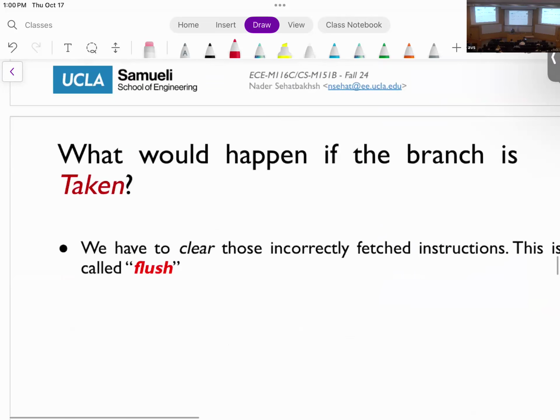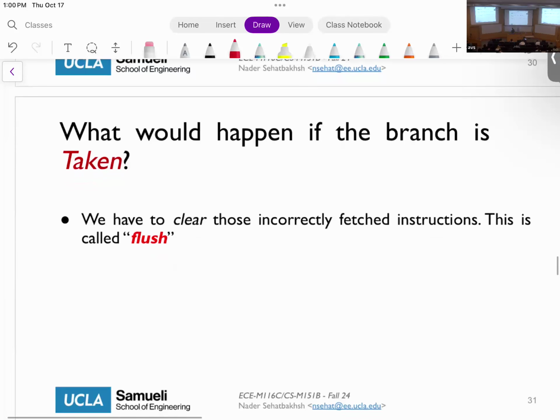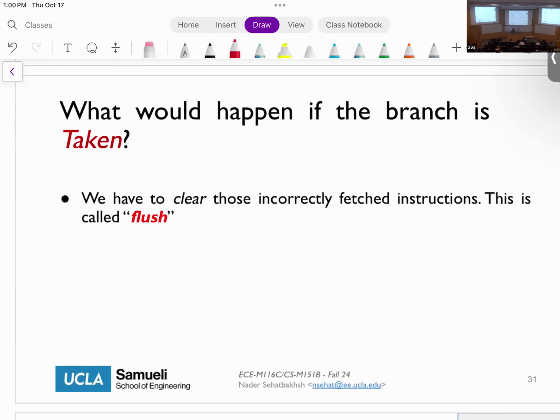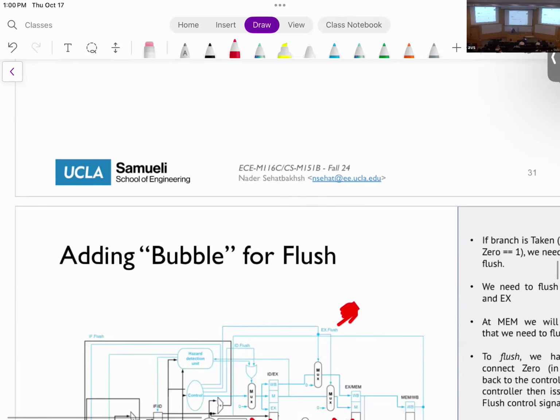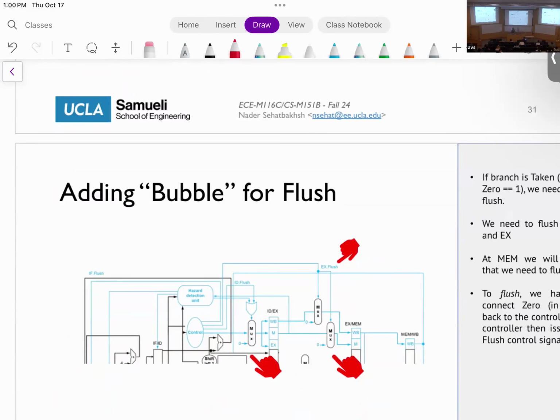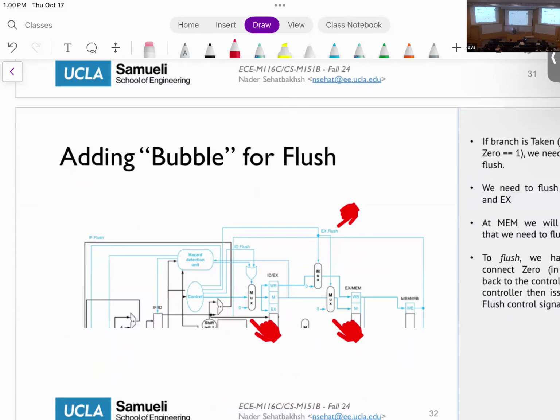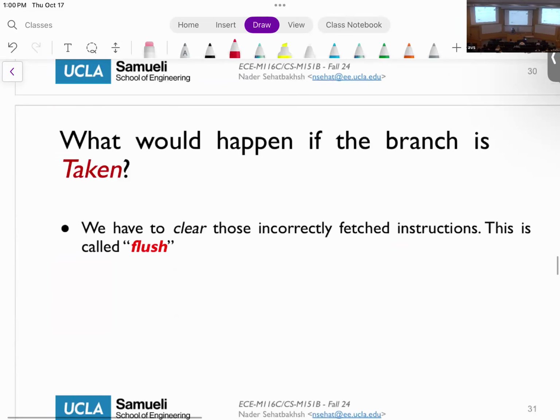So in order to fix that, we're going to have this idea called flushing. We're going to let instructions be fetched and go inside the pipeline. But at some point we realize that we made a mistake, and we need to erase them. We need to remove them from the pipeline and replace them with other instructions. This is the idea of what we call flushing. Essentially, flushing is similar to a bubble. So let's have a quick break, and then I'm going to explain how flushing is going to work.